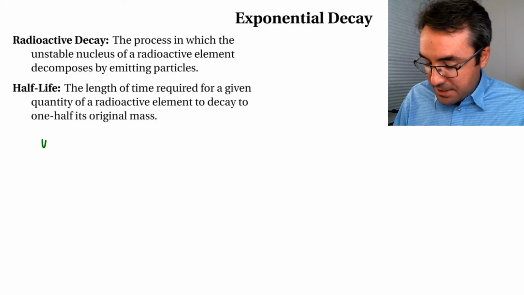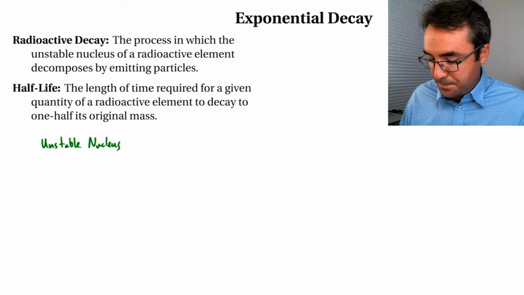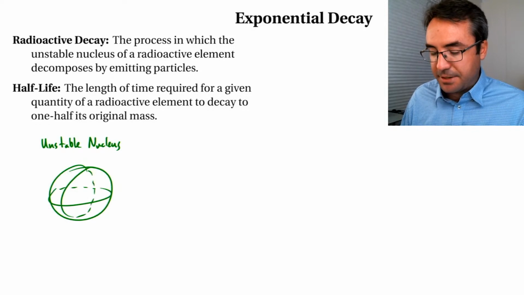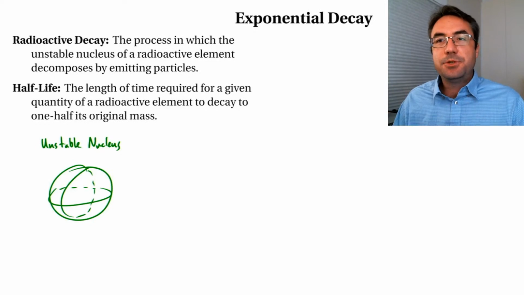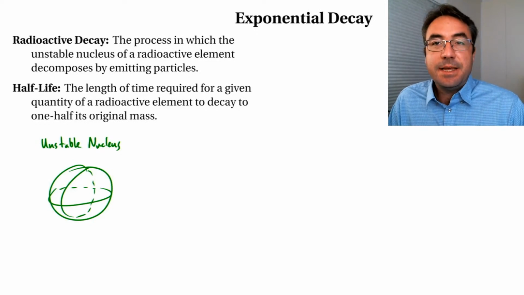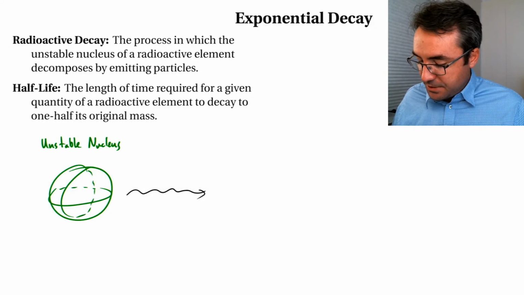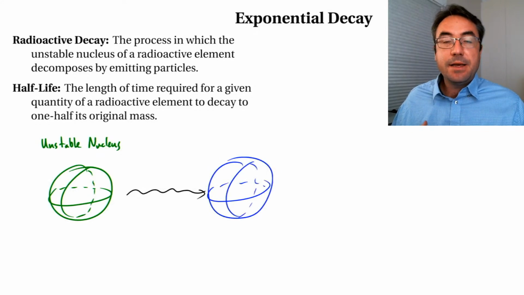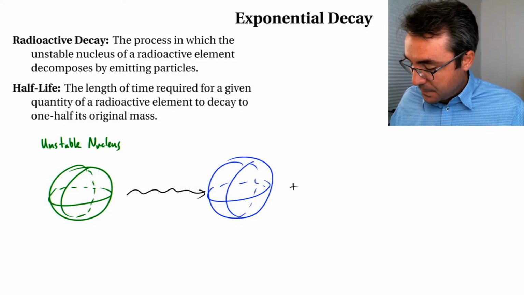So let's say we have our unstable nucleus. We have some element here, and it's a radioactive element, and this is our unstable nucleus. What happens, we're not going to get into too much of the details, is it breaks apart and it forms a changed nucleus. So the nucleus is changed in some way, and it changes by emitting some particles.